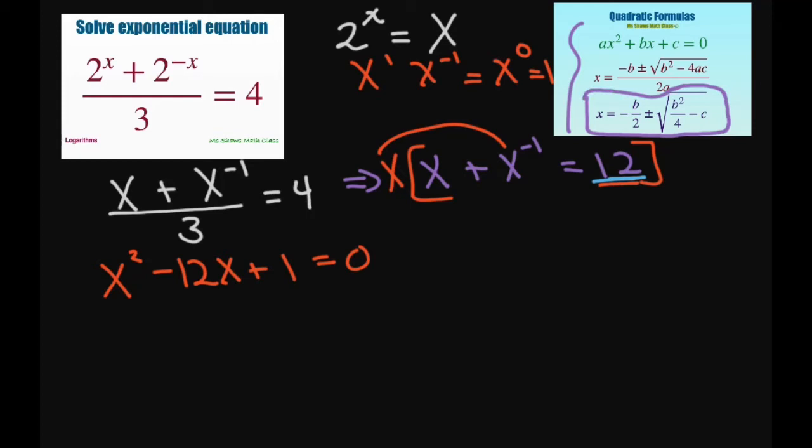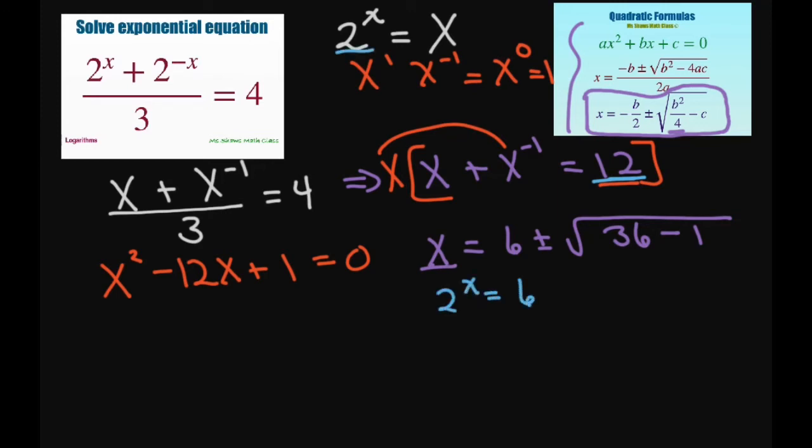So basically big X equals negative b, which is 12 divided by 2, so that's 6, plus or minus the square root of 144 divided by 4, which gives you 36, and then you subtract your 1. So 2 to the power of x equals 6 plus or minus the square root of 35.